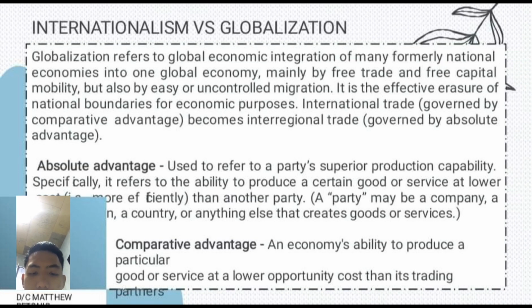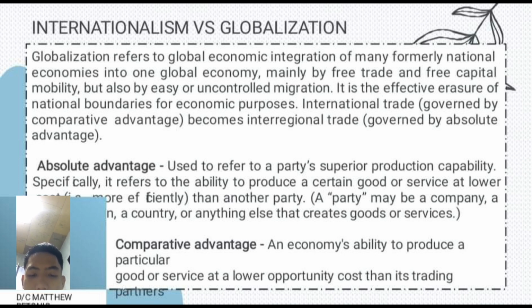Globalization refers to a global economic integration of many formerly national economies into one global economy, mainly by free trade and free capital mobility, but also by easy or uncontrolled migration. It is the effective erasure of national boundaries for economic purposes. International trade becomes inter-regional trade.